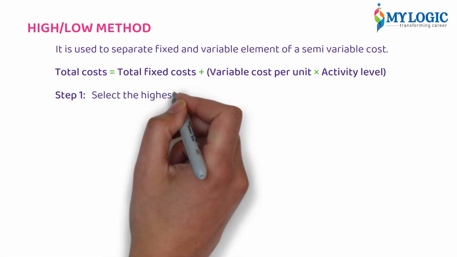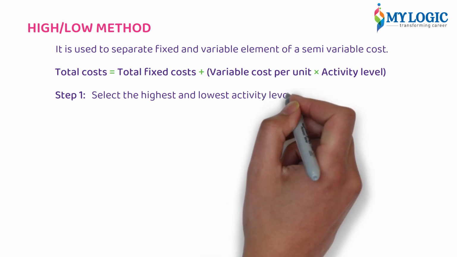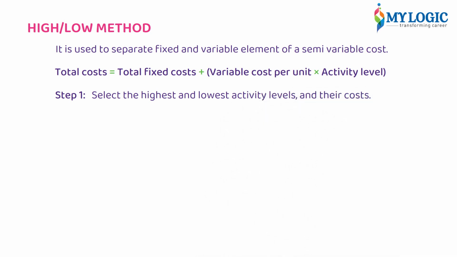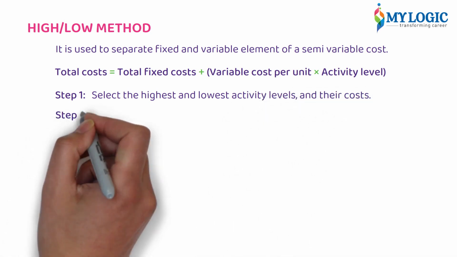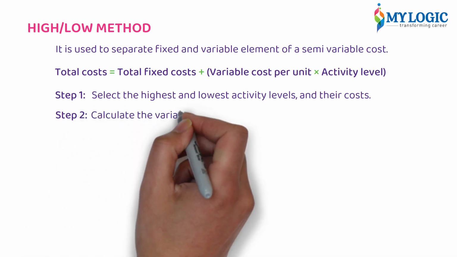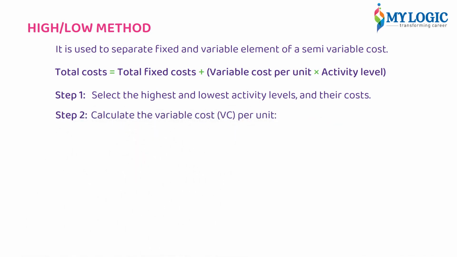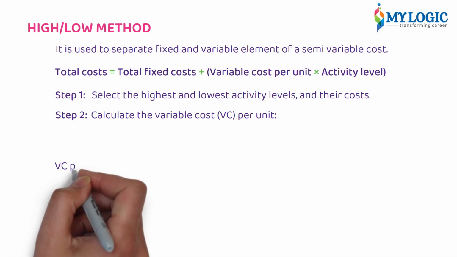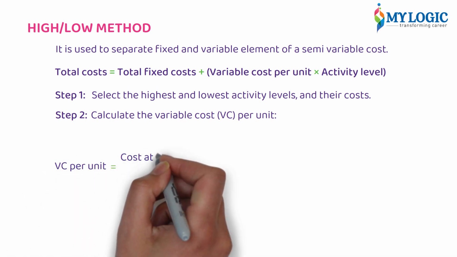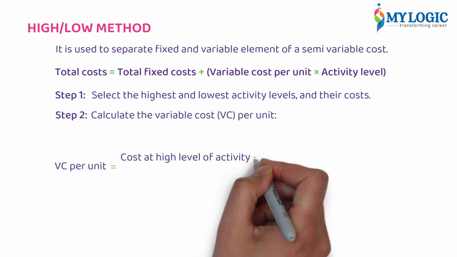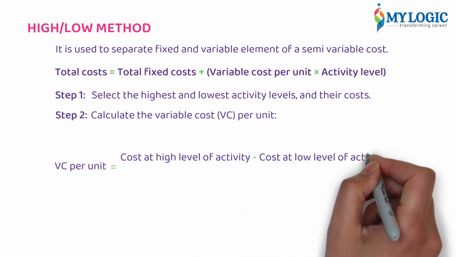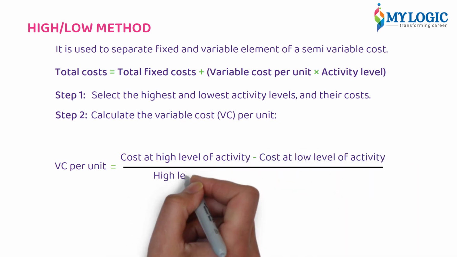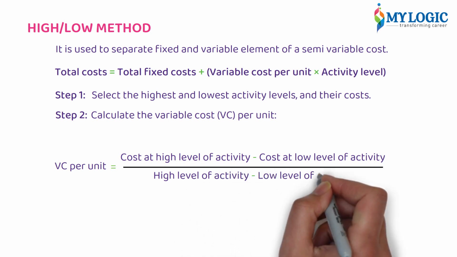Select the highest and lowest activity levels and their costs. Step 2. Calculate the variable cost (VC) per unit. VC per unit is equal to cost at high level of activity minus cost at low level of activity, divided by high level of activity minus low level of activity.